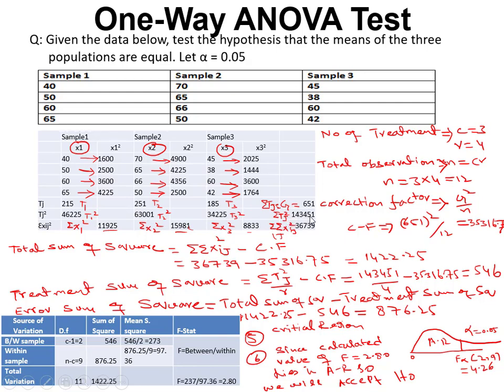So it will be 143451. As you know, this is the treatment sum of square, the summation of T square j, so we write 143451, and this is over r. How many observations in each sample? We have 4, as I already mentioned here. So divide by 4, minus CF. We have already calculated this, which is 546 when you simplify it.